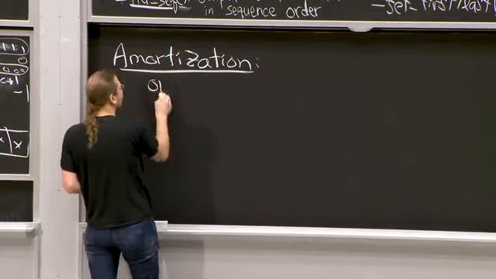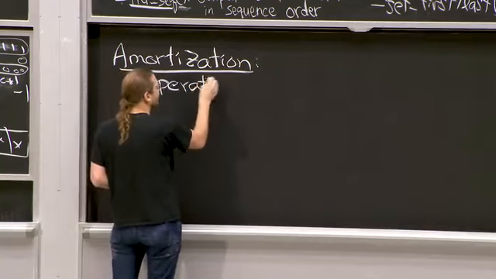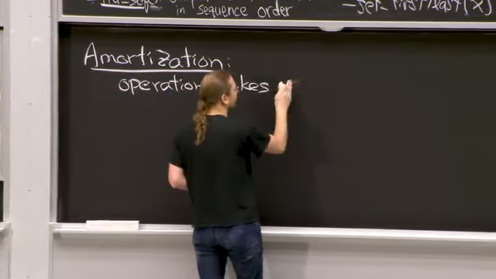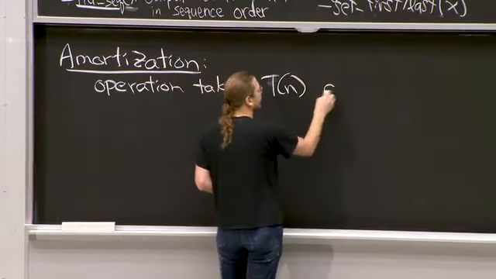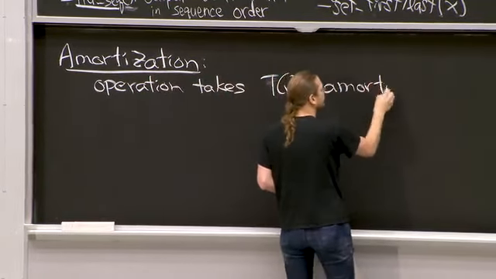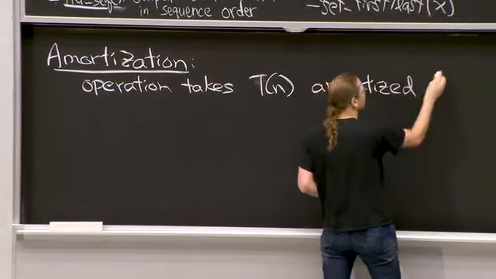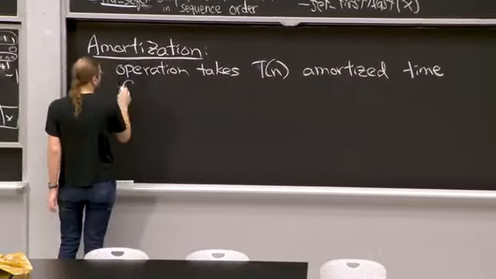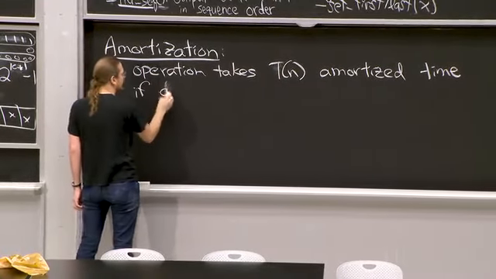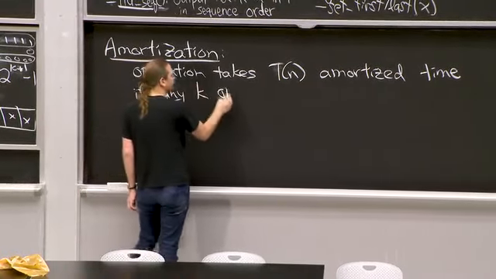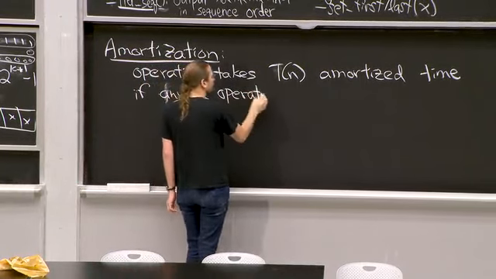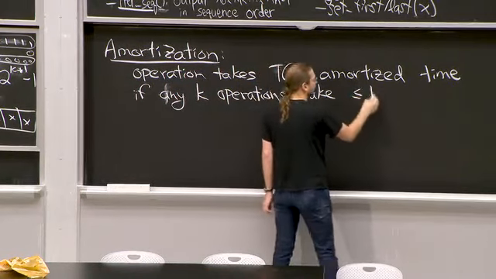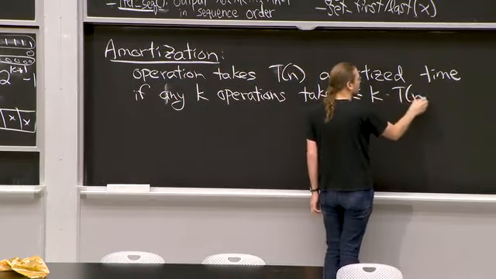So I want to say an operation takes T(n) amortized time if, let's say, any k of those operations take at most k times T(n) time.